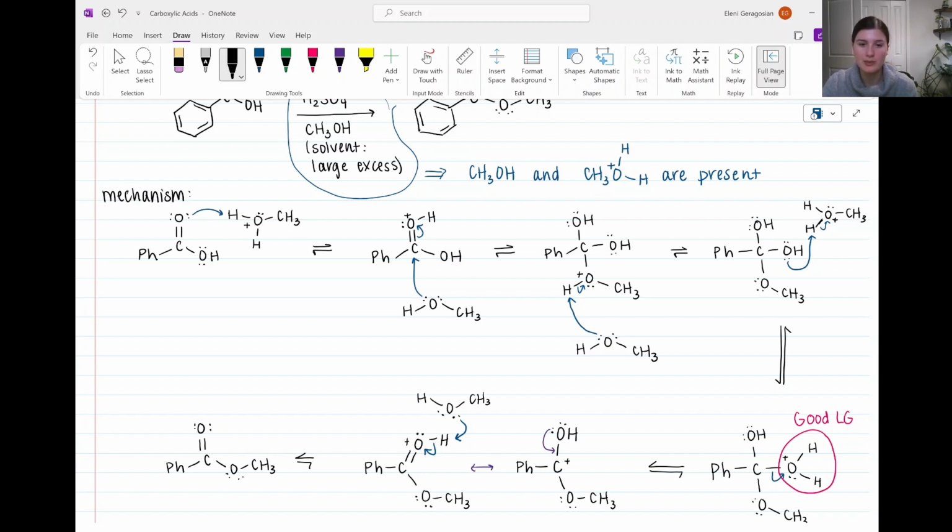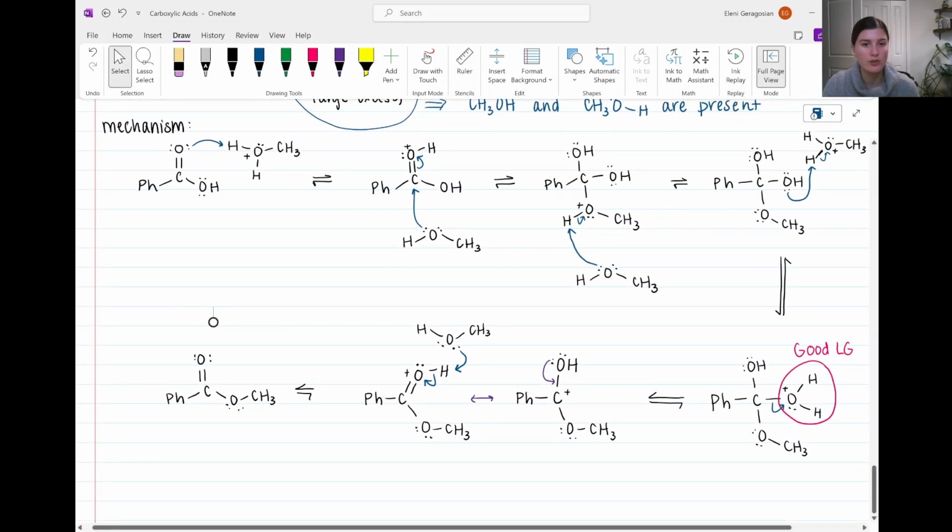That leaving group will leave, and one of the resonance structures of that next molecule has a double bond between oxygen and carbon. And when that double bond exists, we can see that that hydrogen bonded to that double bonded oxygen can be removed by a neutral solvent molecule, and we get our final product.